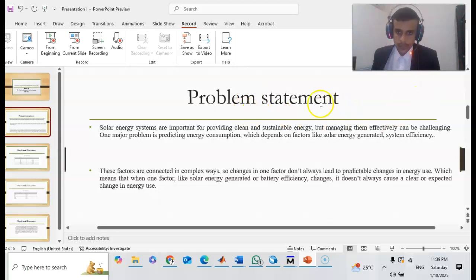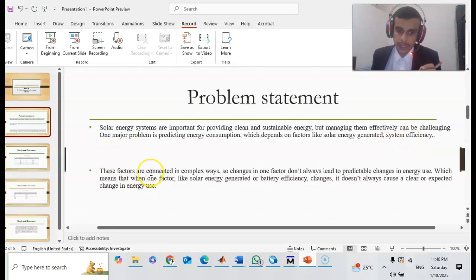So the problem statement: solar energy systems are important for providing clean and sustainable energy, but managing them effectively can be challenging. One major problem is predicting energy consumption, which depends on factors like solar energy generated and system efficiency.